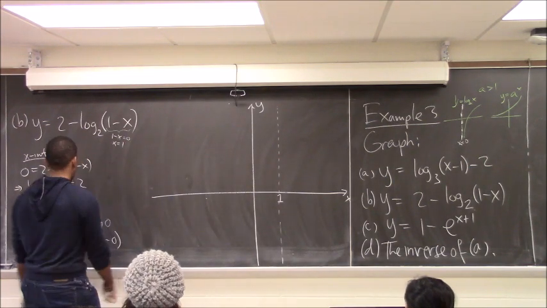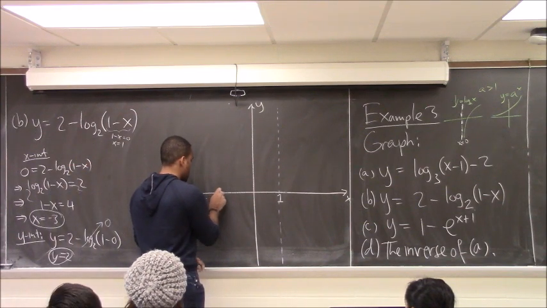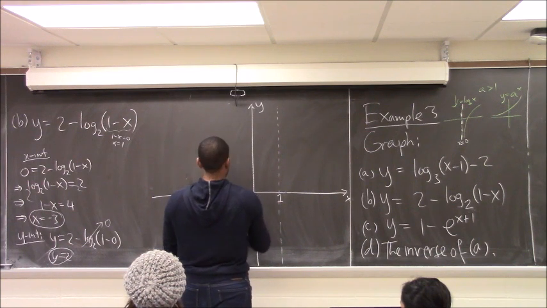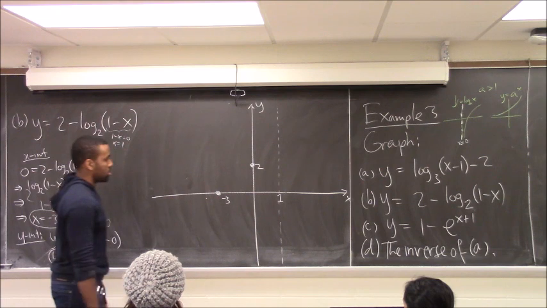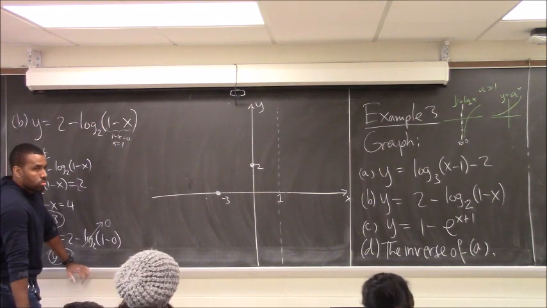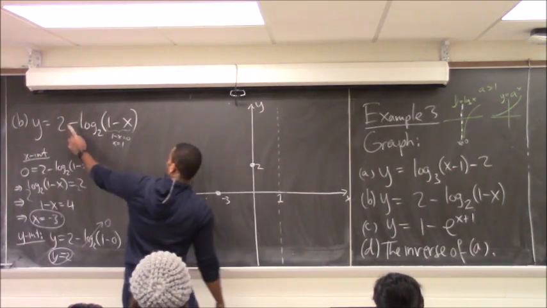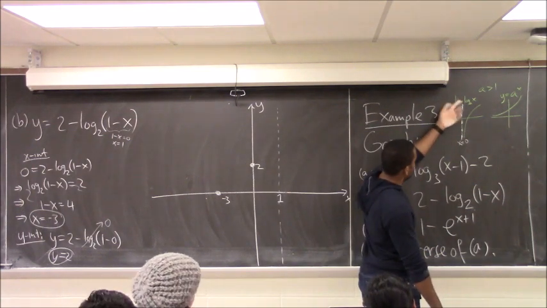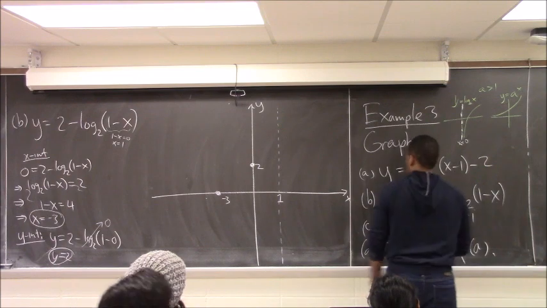I also know that -3 is a point, the x-intercept, and 2 is the y-intercept. How does this graph look? Like that, right? So notice here, the log is negative, which means the picture I should have in my head is this one, but flipped upside down. So it should be looking like that.